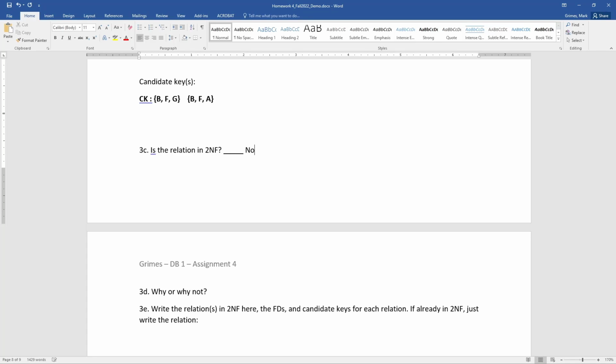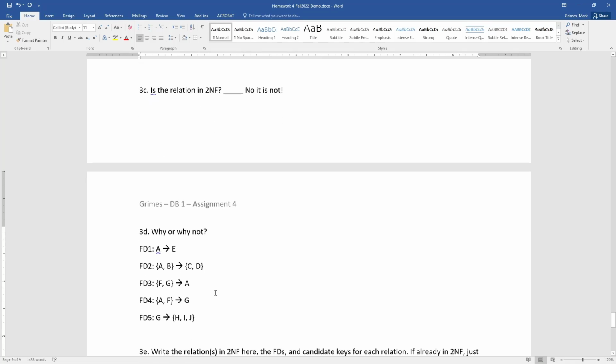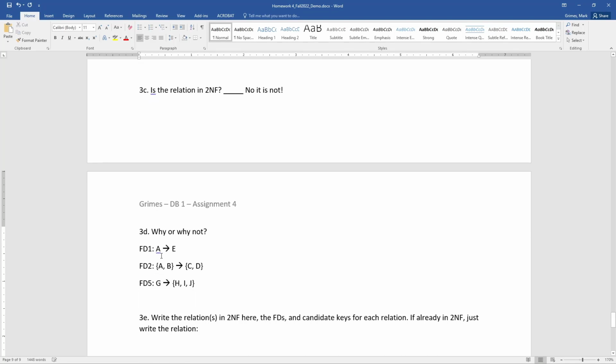So no, it is not. Why or why not? Because these three functional dependencies are partial dependencies.